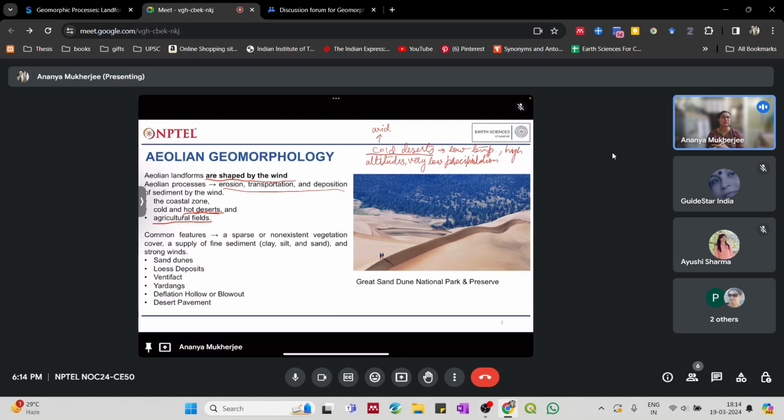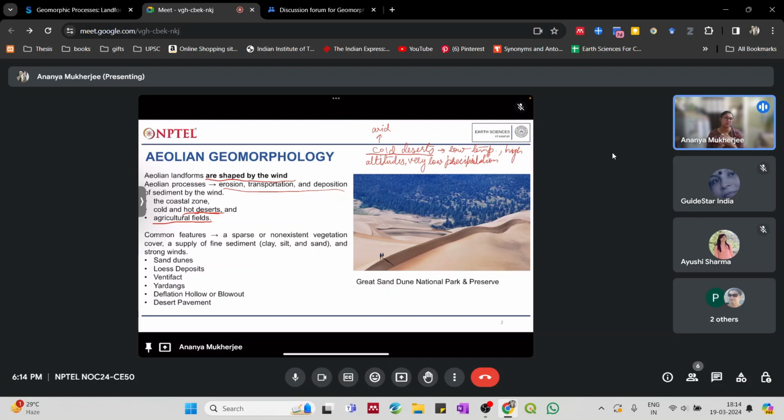But since these cover very large expanses, if they are not vegetated, or if there is a lot of sediment supply present, and the winds blow past these areas with considerable speed, then you can see some wind-related geomorphic features in these areas also.